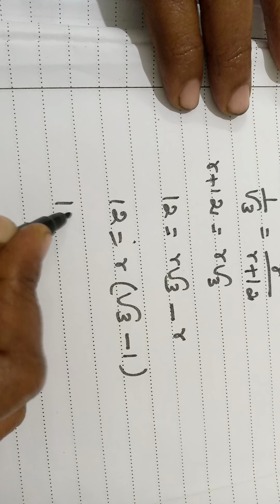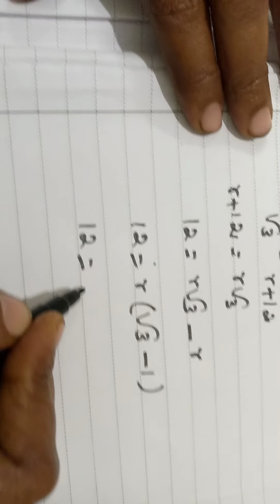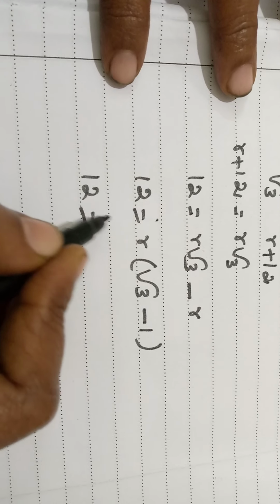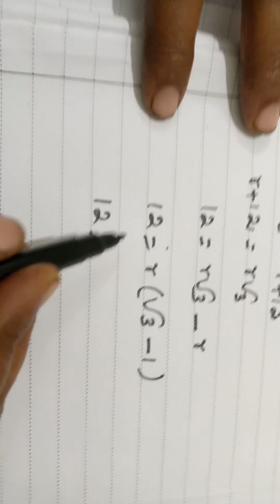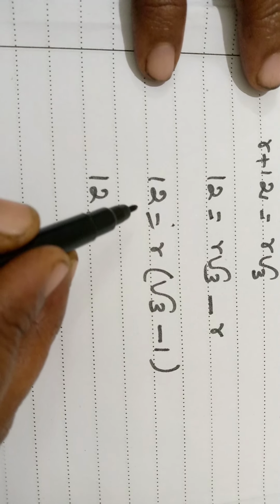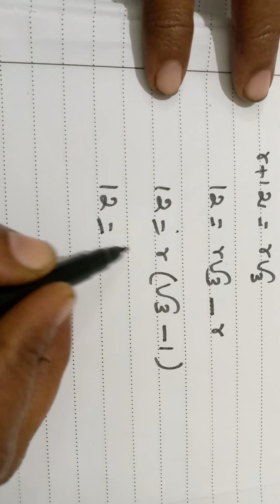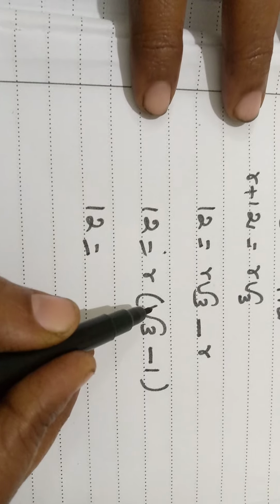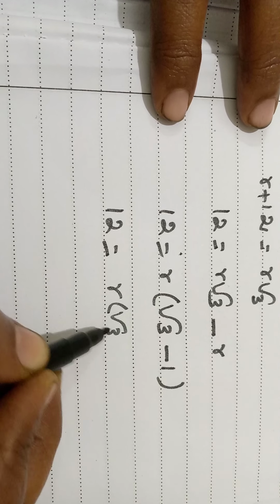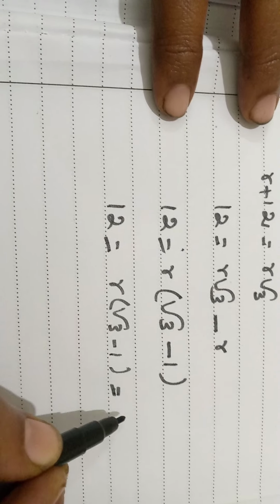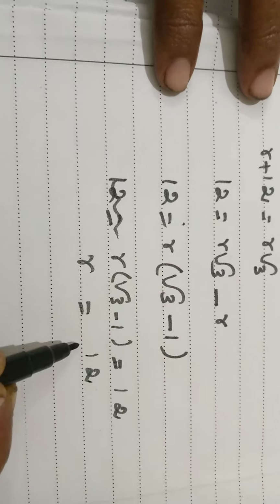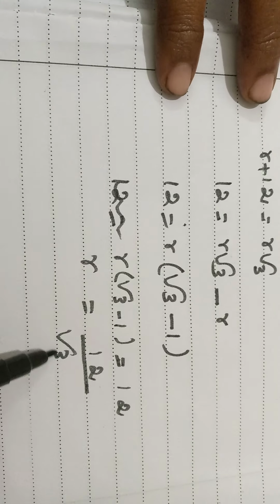From here, this R bring here, so it has to come in the denominator. R into root 3 minus 1 equal to this 12. Okay, we have to get R value. Now from here R can be written 12 divided by this term root 3 minus 1.